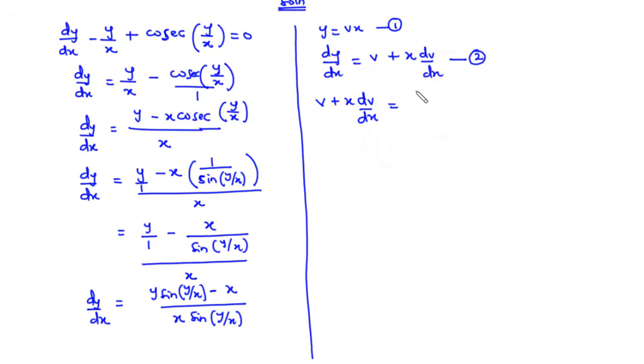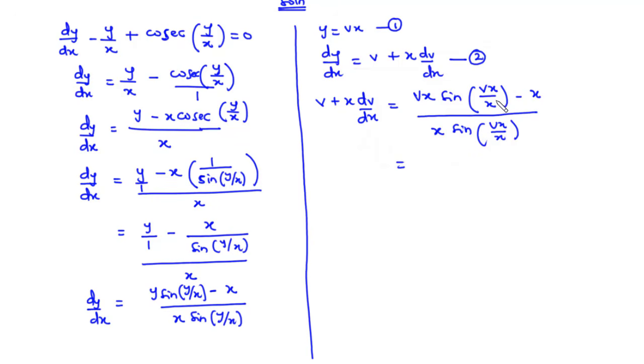Now in place of y, we have vx. So we have vx times sine vx over x minus x, all divided by x times sine vx over x.